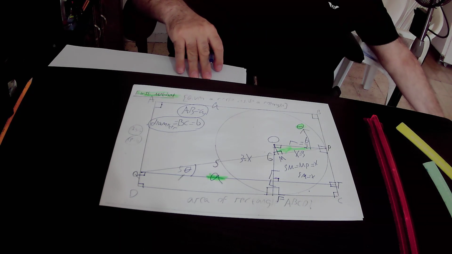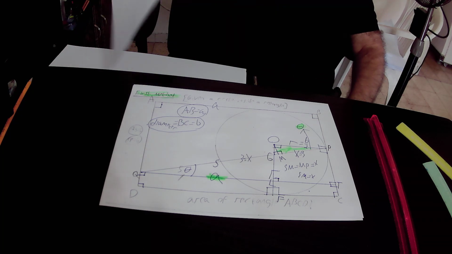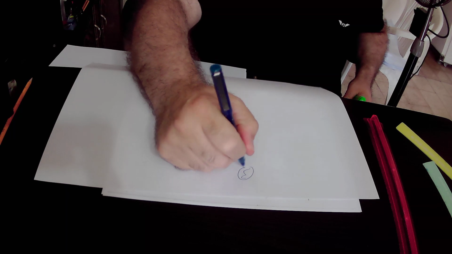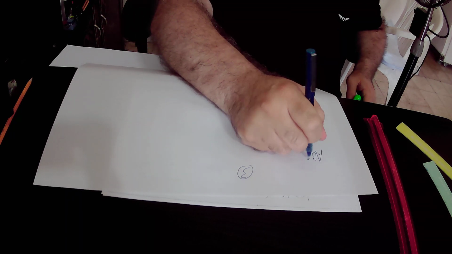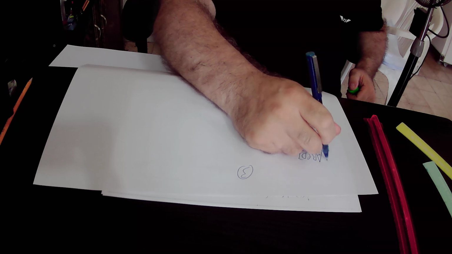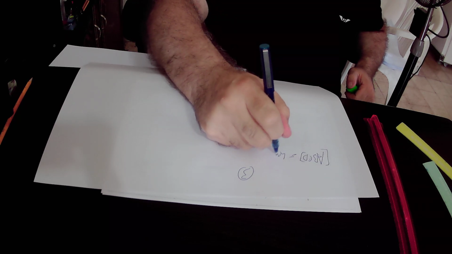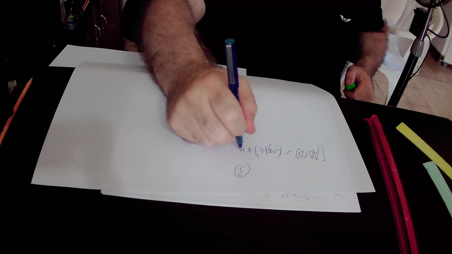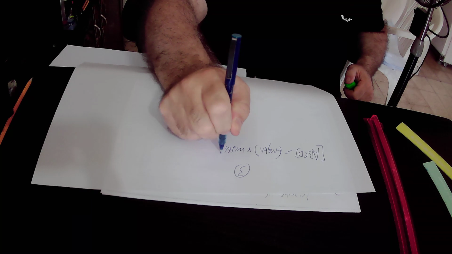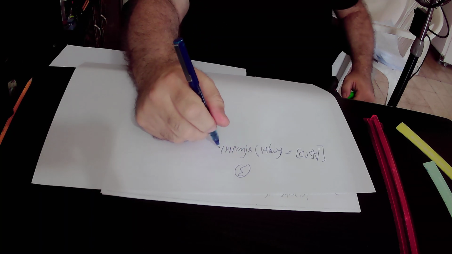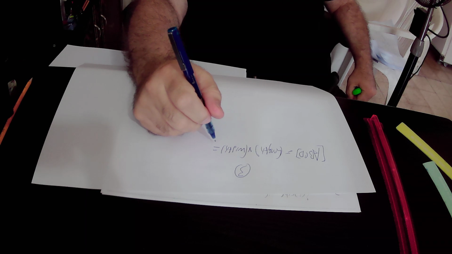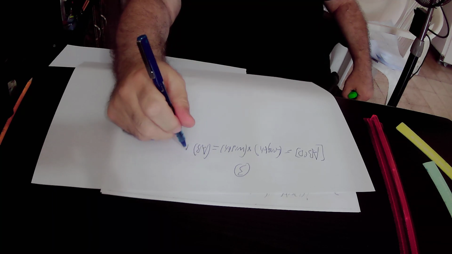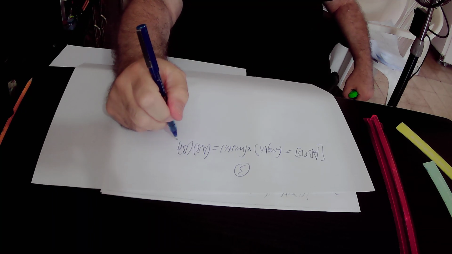In the next step, we find the area of rectangle ABCD. The area of rectangle ABCD is equal to the length times the width. That is the area of any rectangle. So the length is AB and the width is BC, so it is AB times BC.